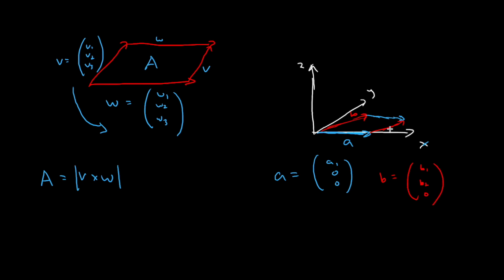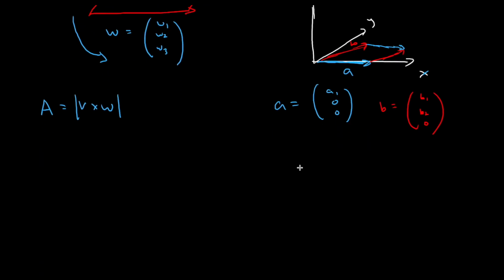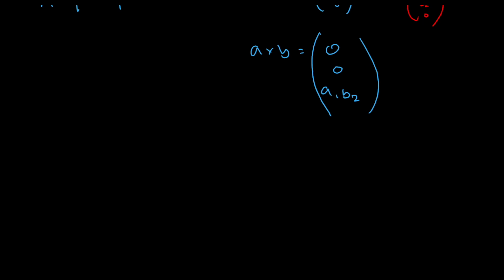The z value is 0 because it's going to be on the xy plane. I could take the cross product of these two, and here we have A cross B, which is 0, 0, A1 B2.